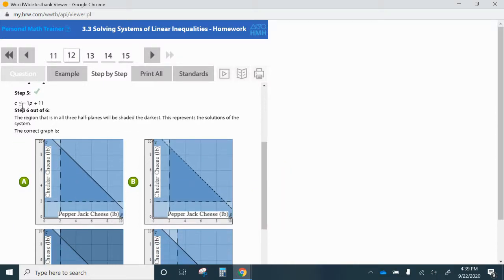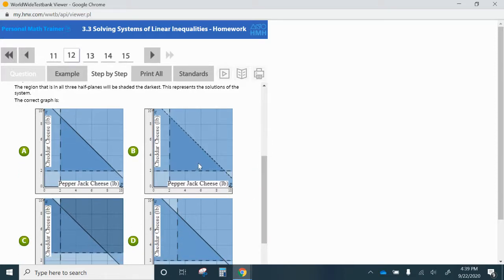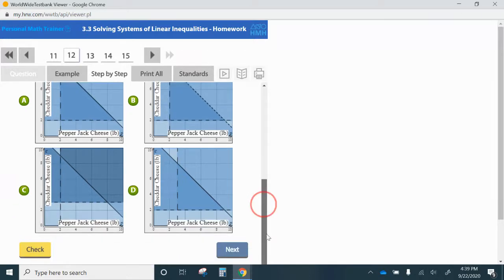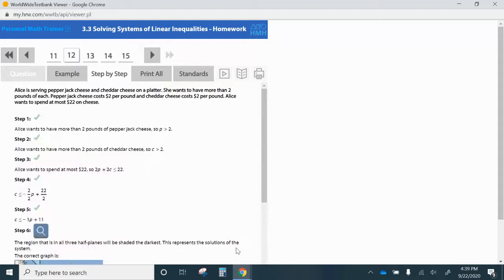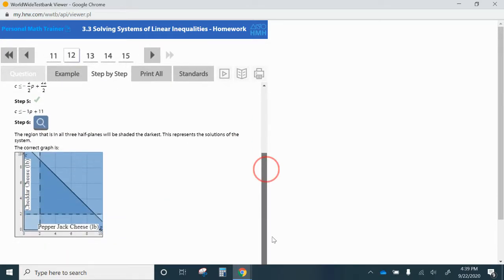We know that this line is less than or equal to, so it's a solid line, so we know that this answer is out. And we're shading below, so C is out, and it's going to be A or D. And let me go to next, and you can see that the answer is here.